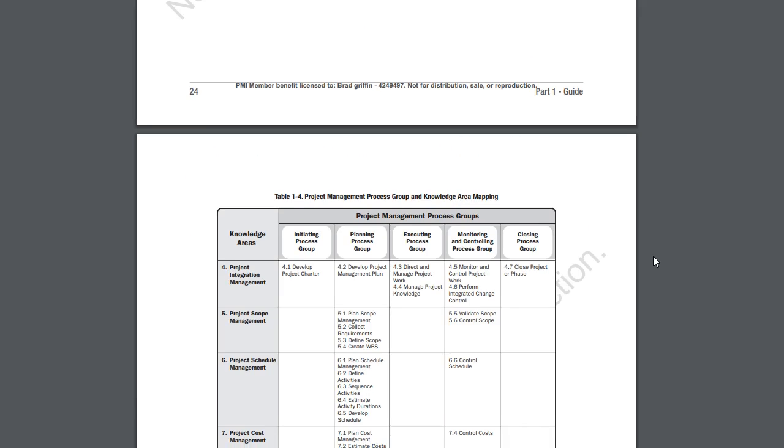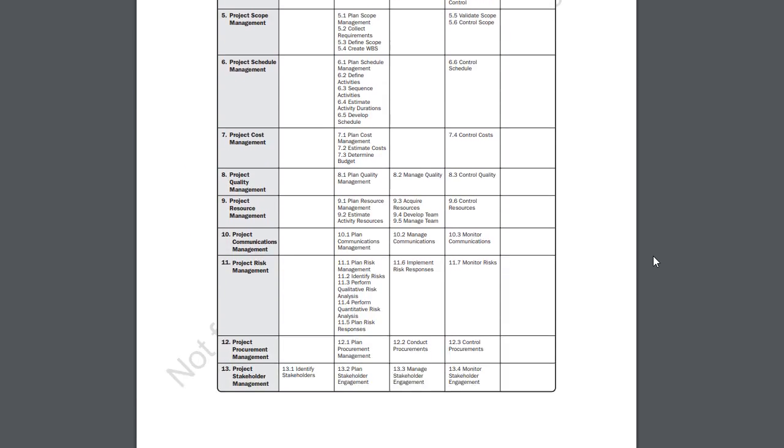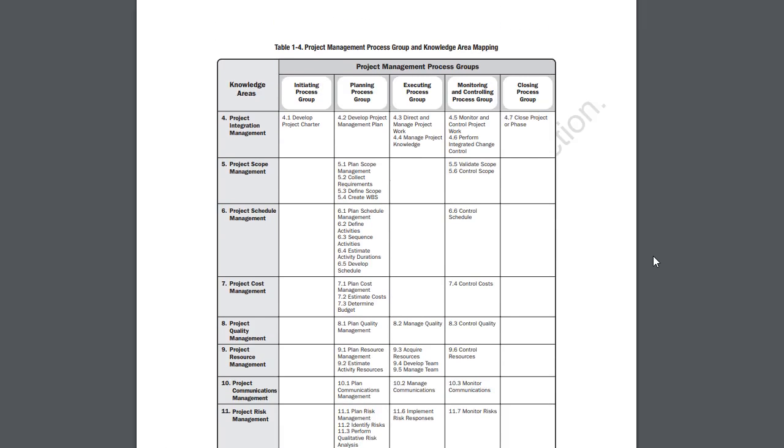So communication. All of these knowledge areas, and there's 10 different areas here, or actually 13, I guess, in this group now. They've changed a little bit on me. You'll see that this matrix maps to where they land in the PMBOK guide. If you want to look at resource management, look here.